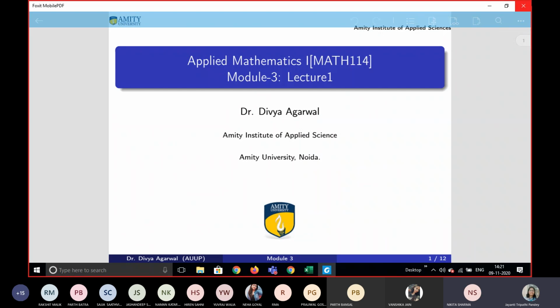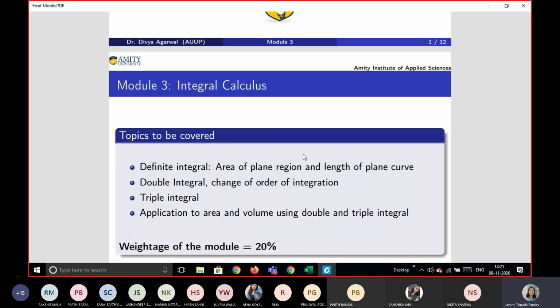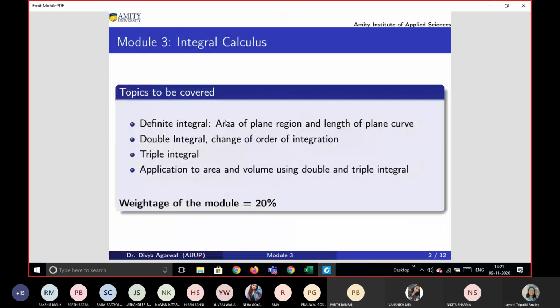The PPT is prepared by Dr. Divya Agarwal. That's why her name is mentioned here. These are the 4 topics basically.